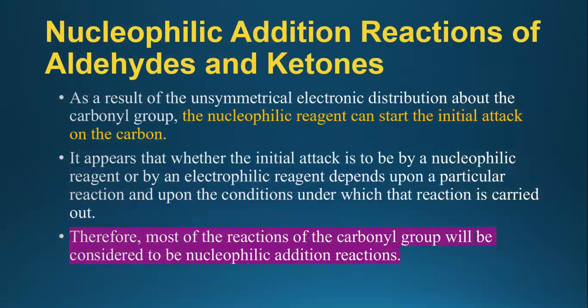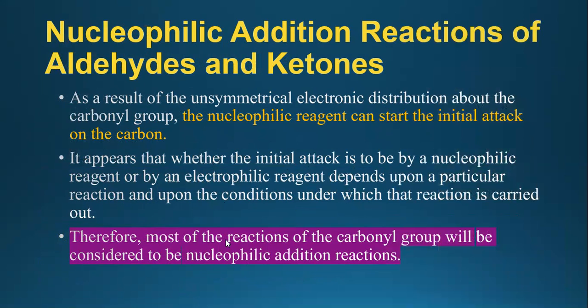Now you can see the different nucleophilic addition reactions of aldehydes and ketones, which occur as a result of the unsymmetrical electronic distribution about the carbonyl group. The nucleophilic reagent can start the initial attack on the carbon atom. Whether the initial attack is by a nucleophilic or an electrophilic reagent depends upon the particular reaction and the conditions under which it is carried out.